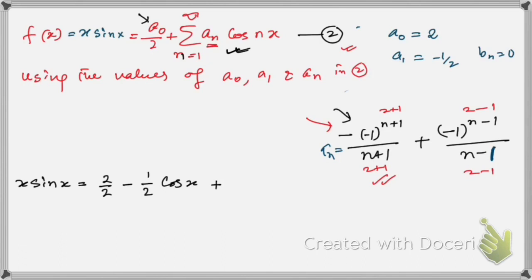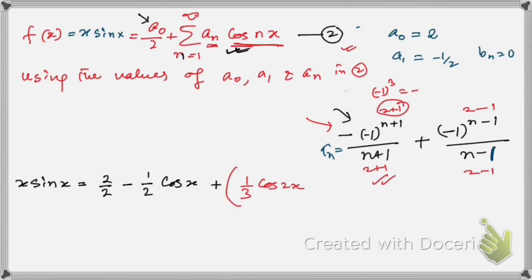If you put 2 here, this will be 3, so minus 1 cube will be minus 1, and minus 1 into this minus is going to be plus, right? And plus 1 by 3, and here we have cos nx, so putting n is equal to 2 here, we're going to have cos twice x, right?